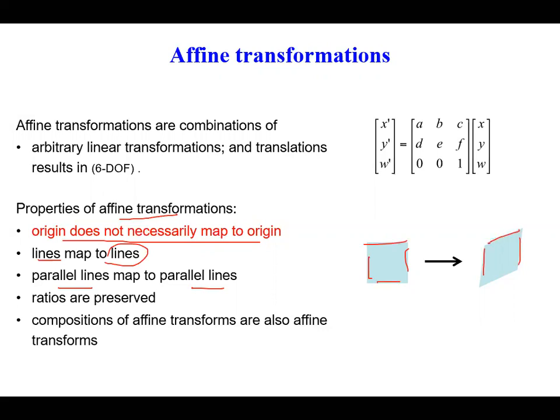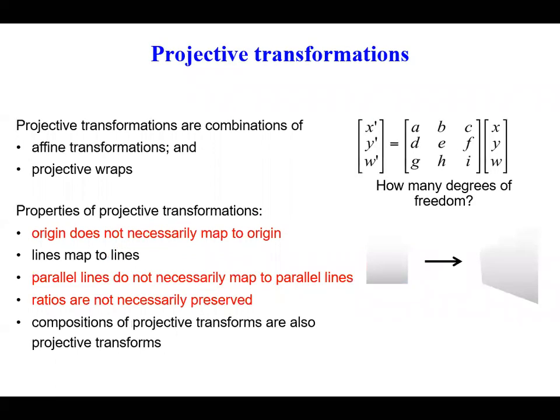Ratios are preserved. So if I were to scale this to half, this one will also be scaled to half, and so on. So the ratio will be preserved between this and this, but the particular area inside will not be preserved because this is an affine transformation. And then compositions of affine transformations will also be another affine transformation.